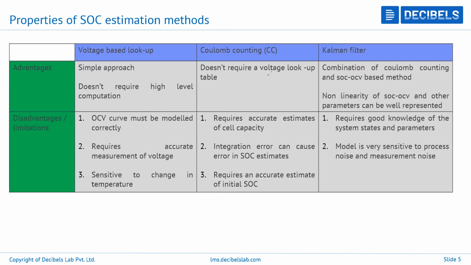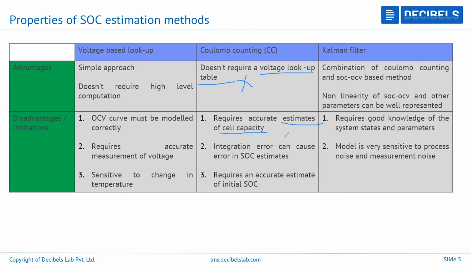Okay, so here the lookup table is not used, there is no lookup table as such, but instead there is integration of current. So first measurement of current, then integration of current. But again here there are some drawbacks: initially, your estimate of cell capacity must be very accurate.